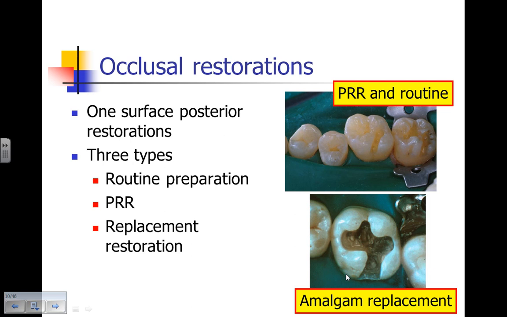And so really one-surface and two-surface posterior restorations fall within three types. A routine preparation to remove the caries, where our extension and outline are defined by the extent of the caries. More minimally invasive preparations, PRRs, preventive resin restorations, and replacement restorations of existing amalgams or composites that are defective.